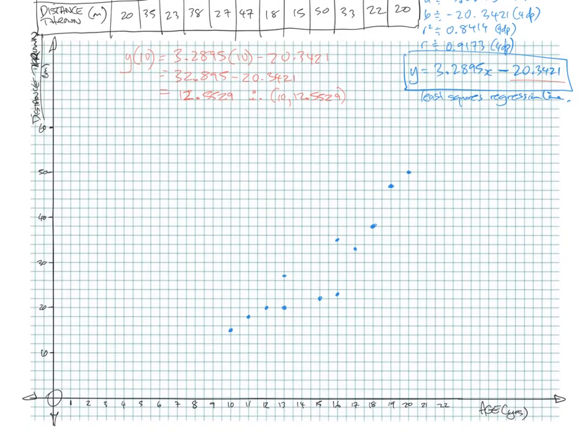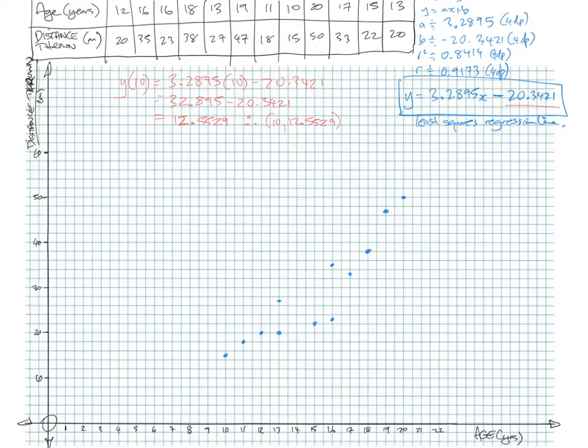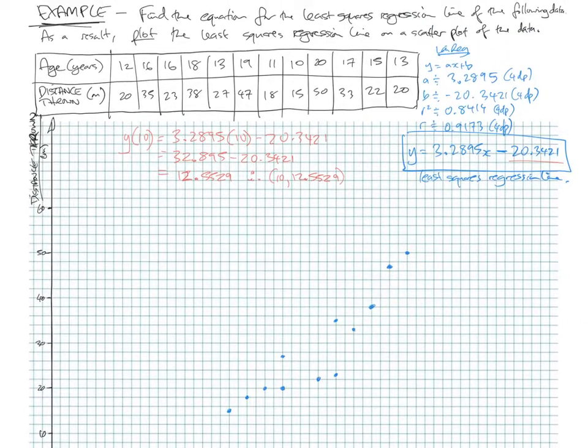We need to substitute something else. Let's go to the extremes of the graph. So we'll do 20 this time. Y when x is equal to 20 is going to be 3.2895 times by 20, take 20.3421.